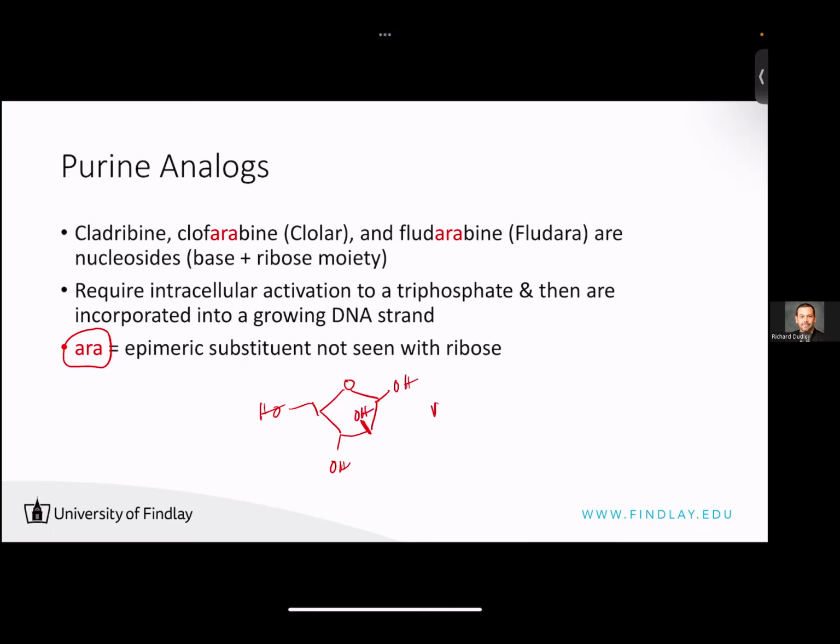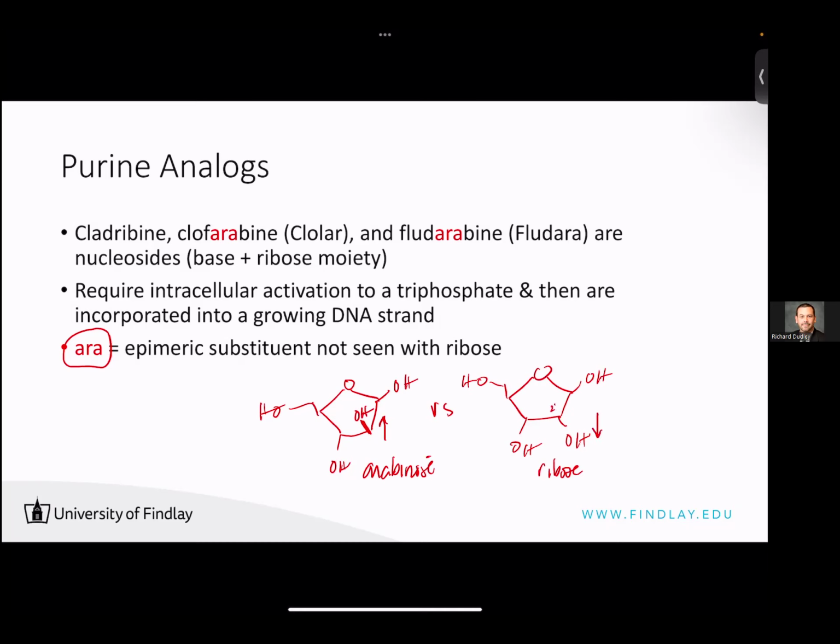So in the arabinose derivative, the alcohol at the 2' position is pointing up, whereas in ribose, the alcohol at the 2' position is pointing down.